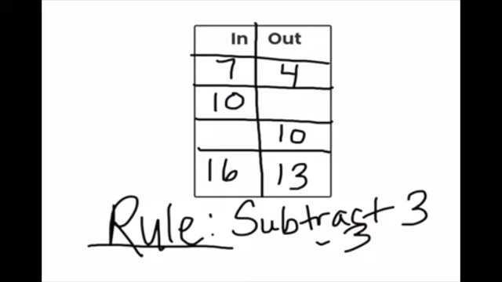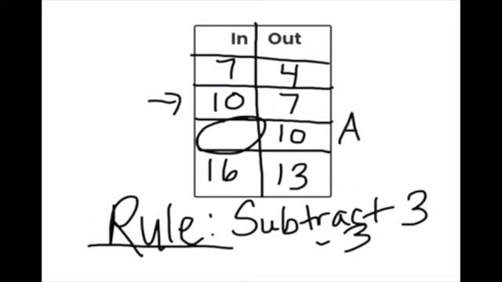That makes sense. So let's go down in our input box and find the 10 right here. And let's follow that rule. 10 minus 3, 7. That's how I can fill out the empty box. Now let's go to our empty input box. I have an empty box, but output is 10.